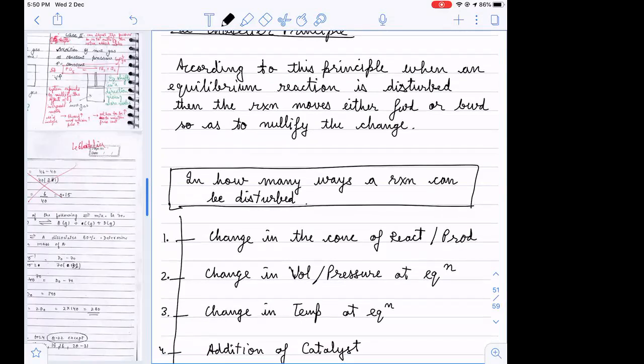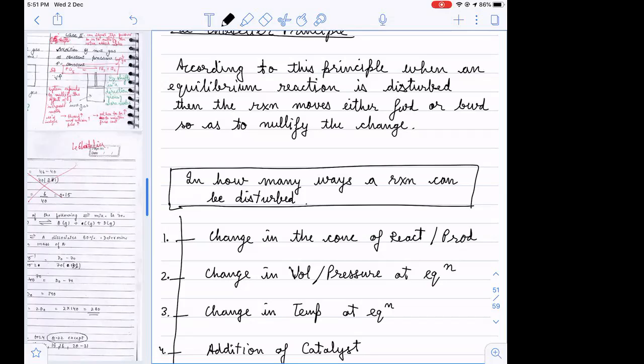Now we are very interested in knowing whether the reaction will move forward or backward. You know what is a forward direction? Forward direction means left to right, from reactant to product side. Backward is the opposite, from the product to the reactant side.